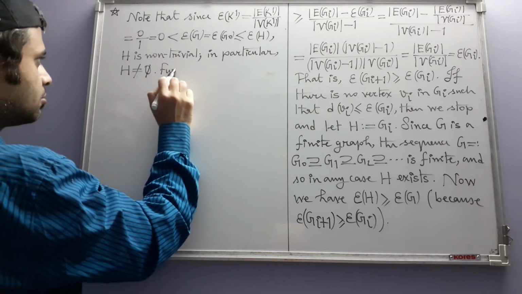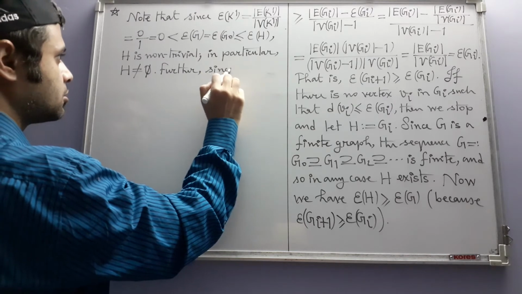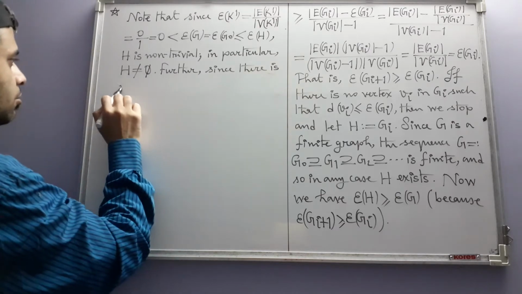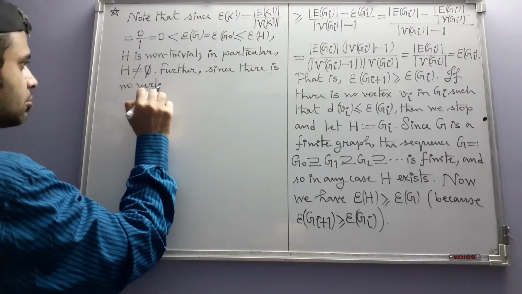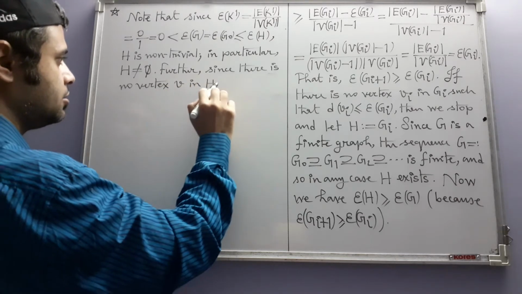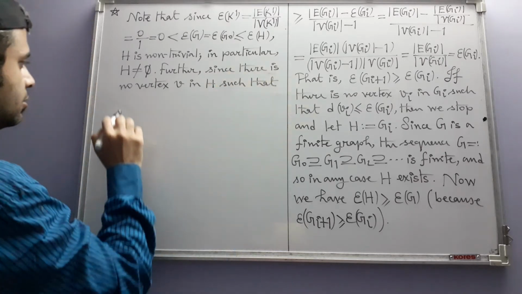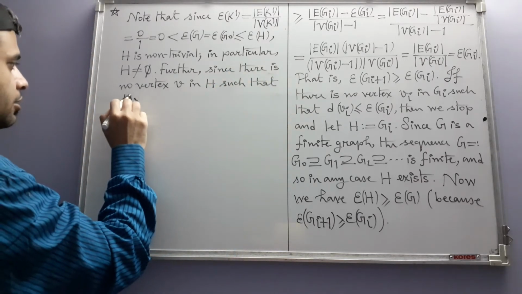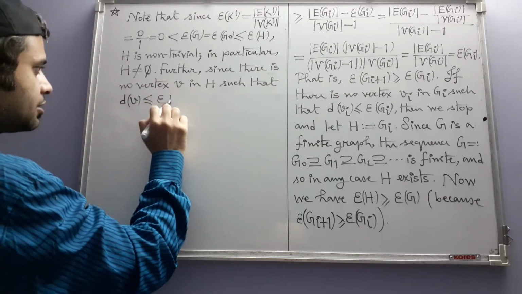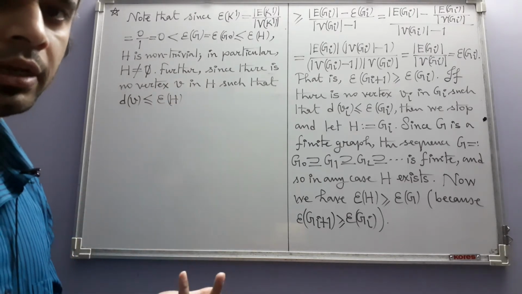Further, since there is no vertex v in H such that degree of v is less than or equal to the average degree of H, because that's why we stopped the process at H, right?